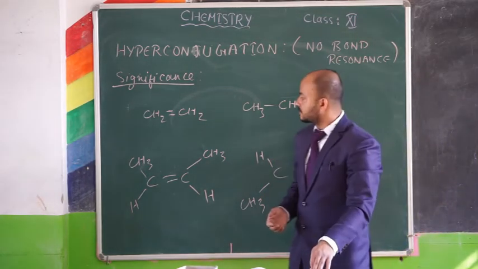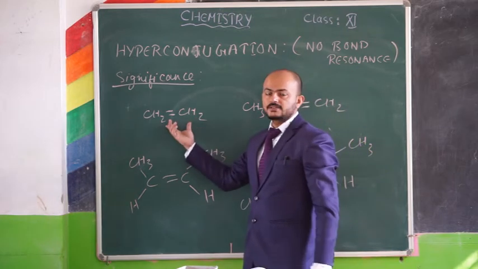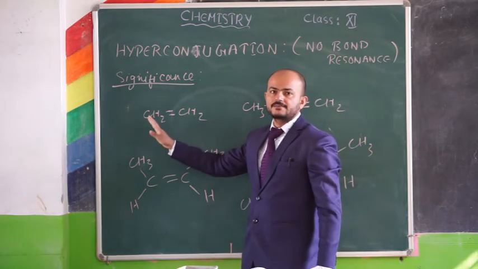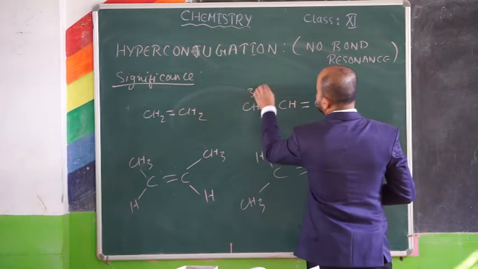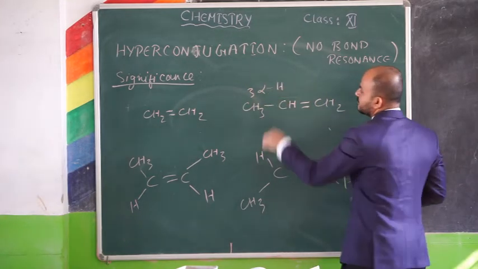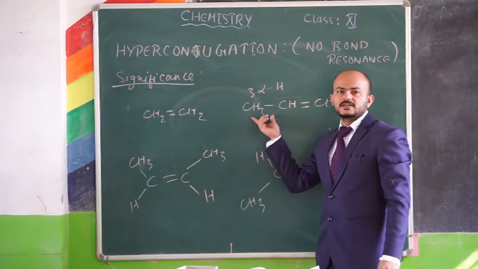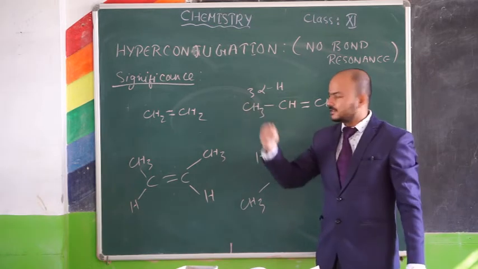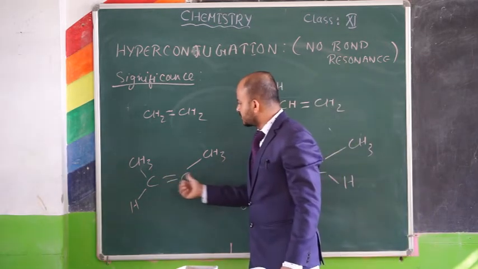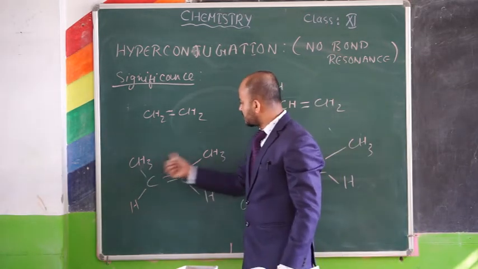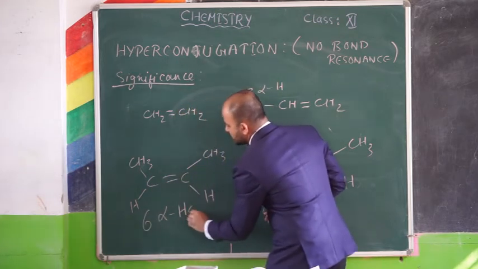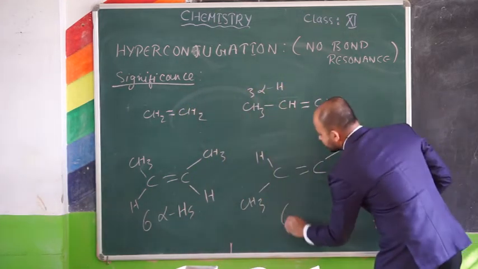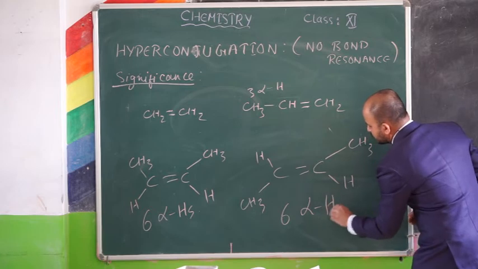Please tell me. So here you don't have any alpha hydrogen, therefore it doesn't have any hyperconjugated structure. Here this has 3 alpha hydrogens. That means it will have how many hyperconjugated structures? 3. See, these are alpha carbons and these are alpha hydrogens. This has 6 alpha hydrogens and this also has 6 alpha hydrogens.